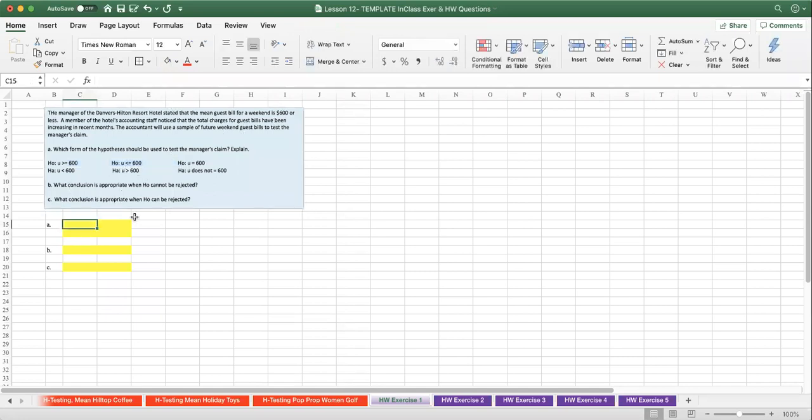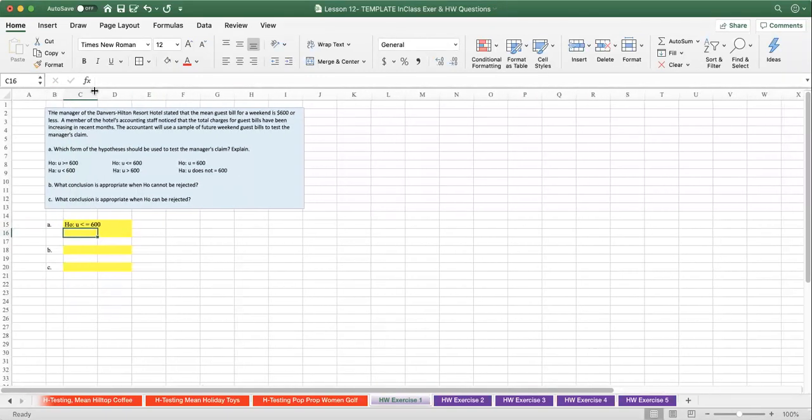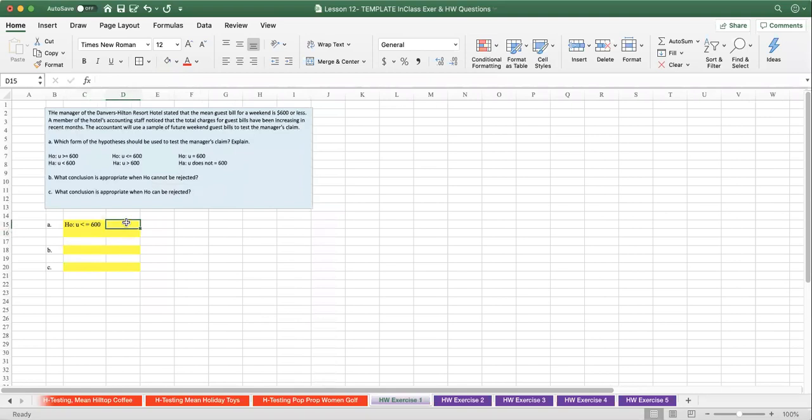So we'll just type that over. H0 is mu is less than or equal to 600. That is, let me make that a little wider, that is the manager's claim or assumption that is being challenged.